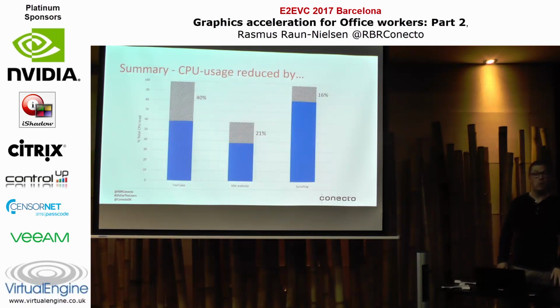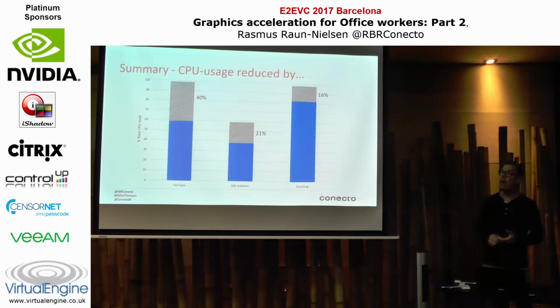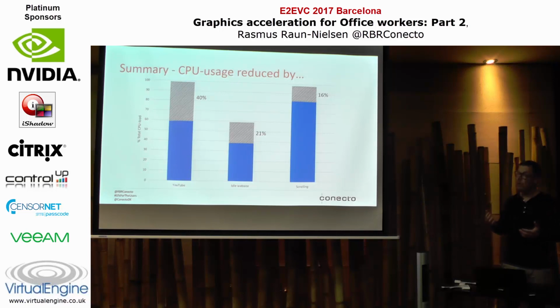Going on to Internet Explorer 11, we see of course in the video scenario it's even more obvious that the GPU really benefits the CPU load on the host by quite a large margin. What I was surprised about was this idle web page, how much resources it was consuming just by standing idle.